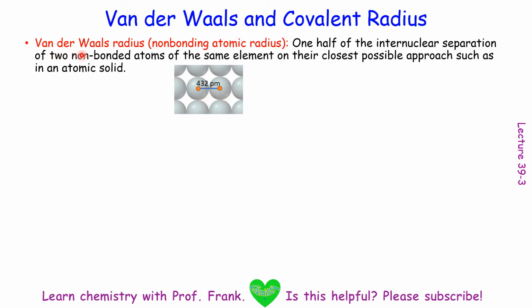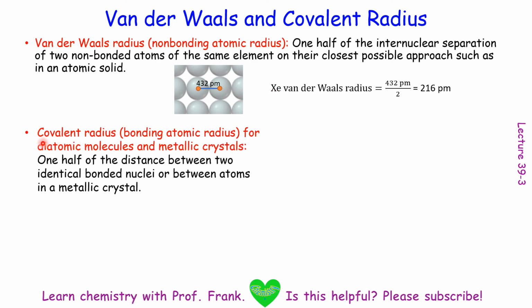It's typically 1/2 of the internuclear separation of two non-bonded atoms, like in this xenon solid. Next, covalent radius for diatomic molecules and metallic crystals. Please understand those are bonding atomic radii.